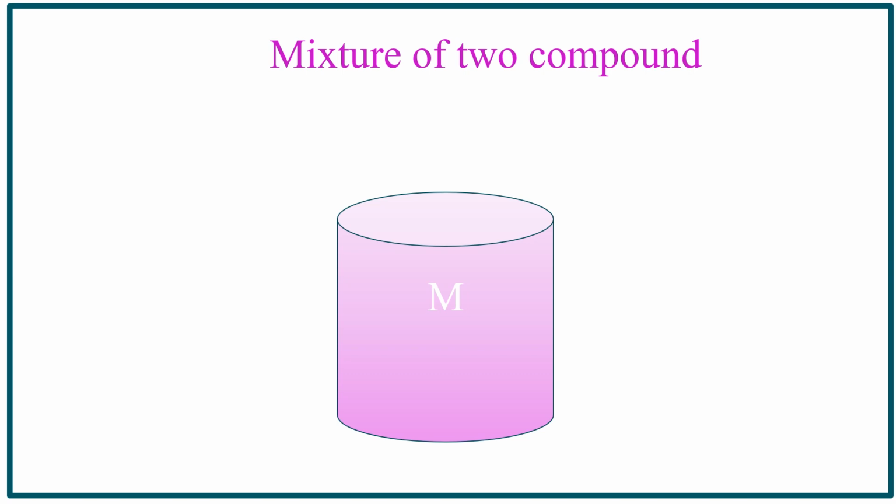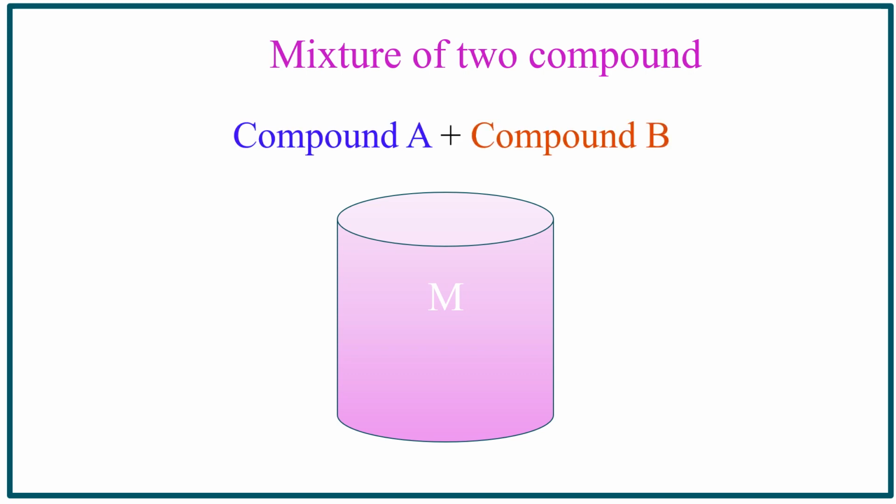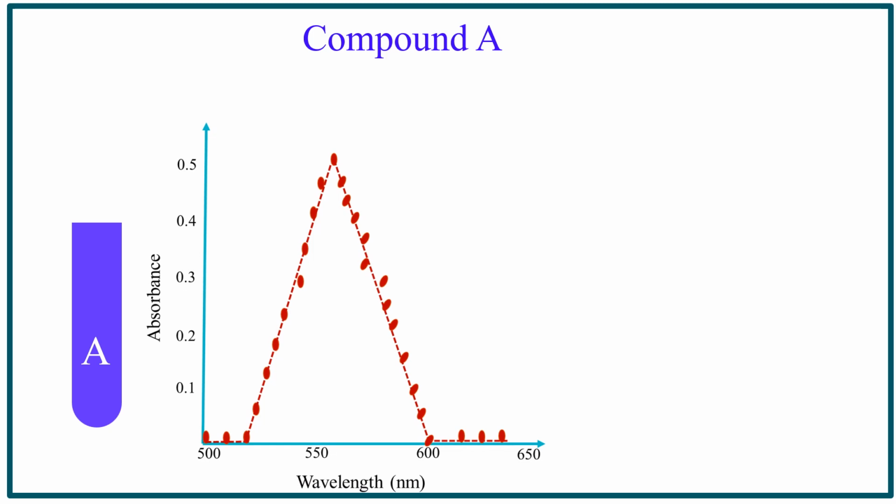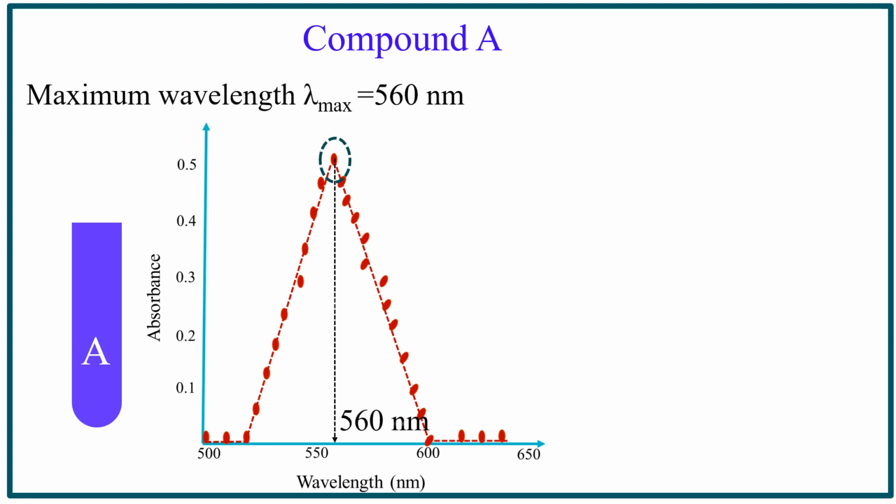Suppose we have a mixture of two components, compound A and compound B. That is, the mixture means compound A and B. First, we can have a look at compound A. Compound A has an absorption spectrum shown here, and it has a lambda max around 560 nanometer.